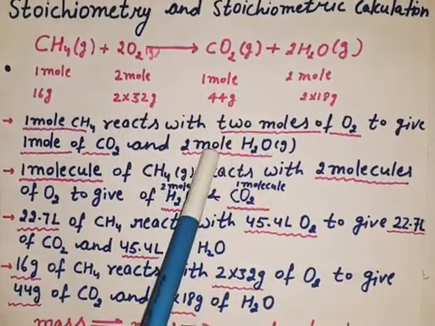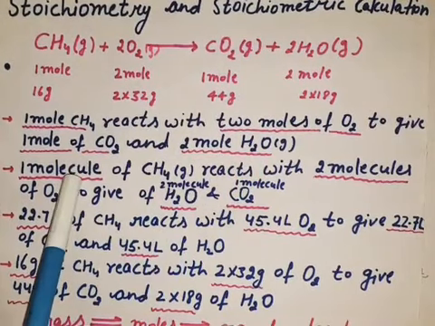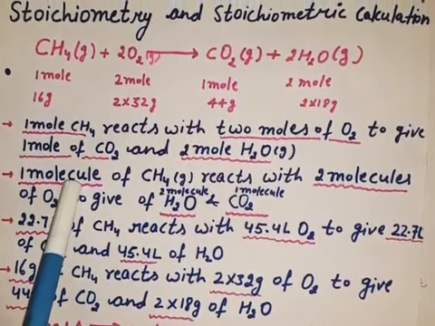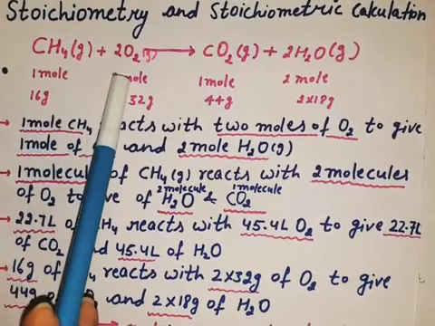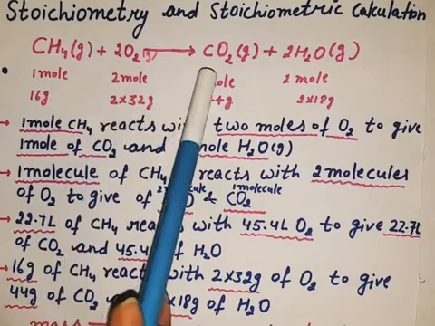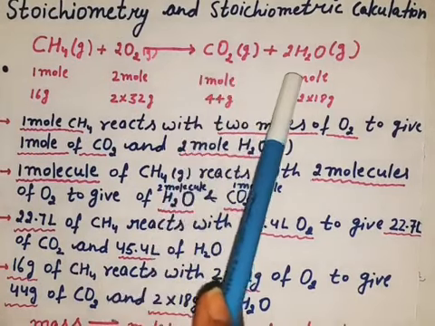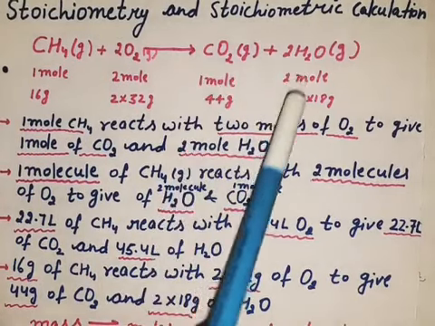Another way is to explain the same chemical equation in terms of molecules. So 1 molecule of methane reacts with 2 molecules of oxygen to give 1 molecule of carbon dioxide and 2 molecules of water.